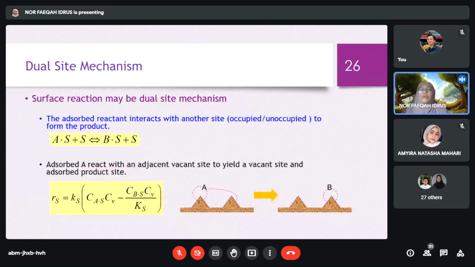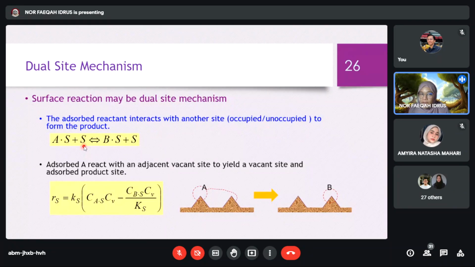Okay, next we look at the dual site mechanism. There are many dual site mechanisms. So how to determine whether it is dual site or not? Apart from looking at how many adsorbed species, we can also look at the reaction system. The adsorbed reactant interacts with another site, occupied or unoccupied, to form the product.